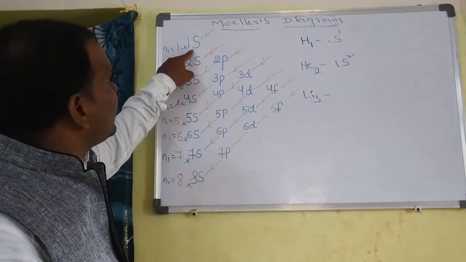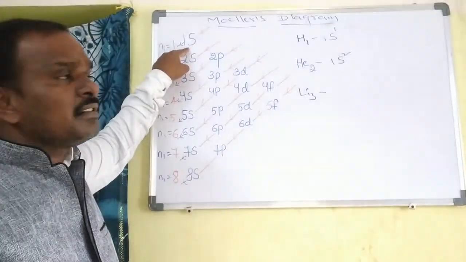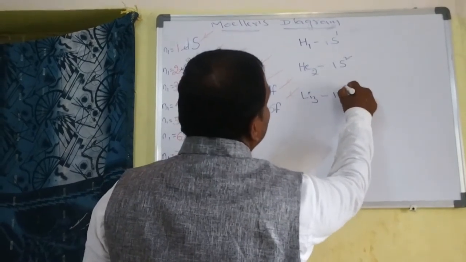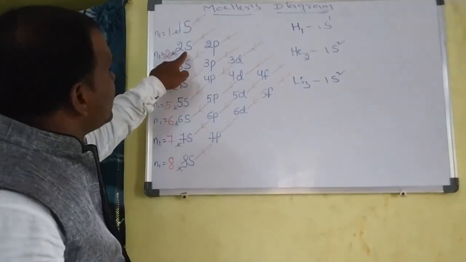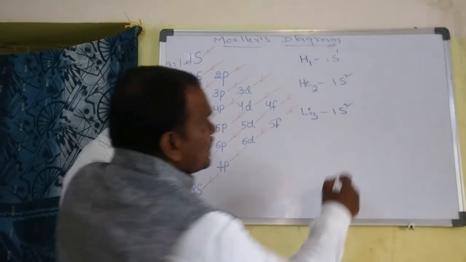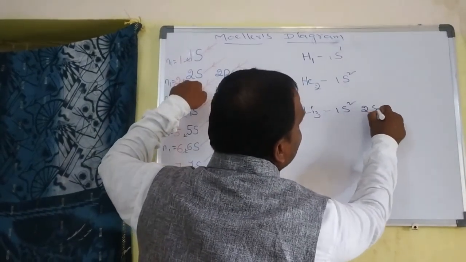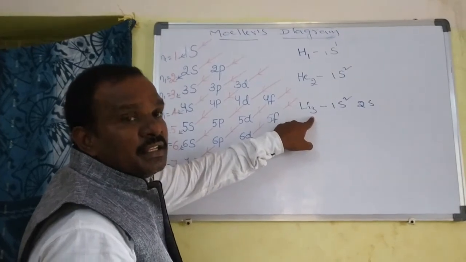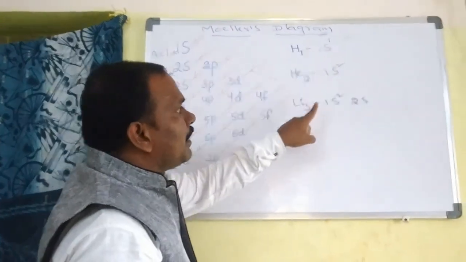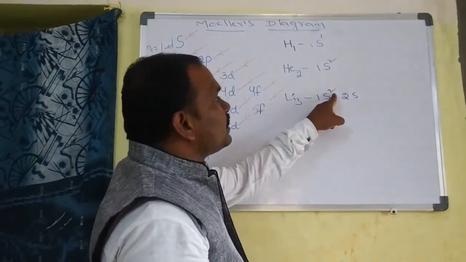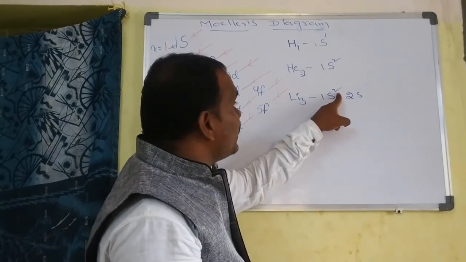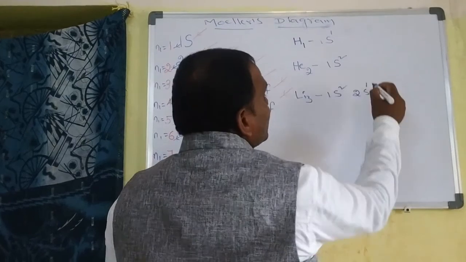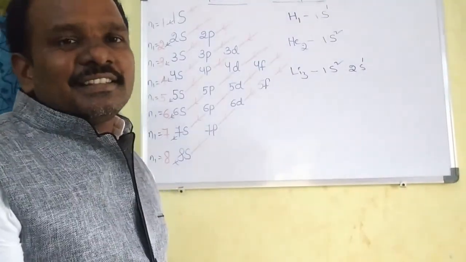First electrons are entering into which orbital? 1s orbital, so I write 1s2. Next the electrons are entering 2s orbital, so I write 2s1. Here proton number is 3, so it should have only 3 electrons. Among the 3 electrons, 2 electrons are entering 1s. Later one more electron is there, that electron enters 2s.